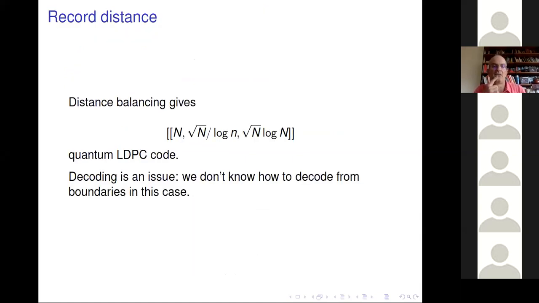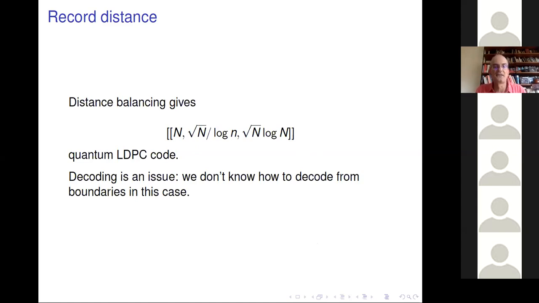So again, if we use the distance balancing strategy, you have again a quantum LDPC code, this time with a slightly larger minimum distance, which is square root of n times log n instead of square root of n times square root of log n that we had before. And this is the current record as far as minimum distances are concerned.